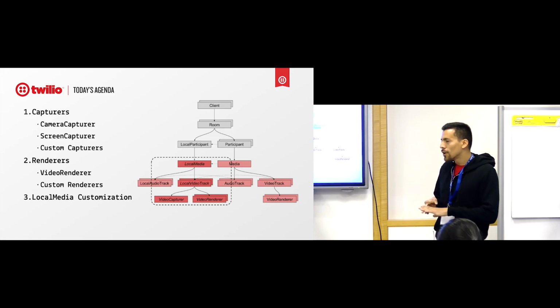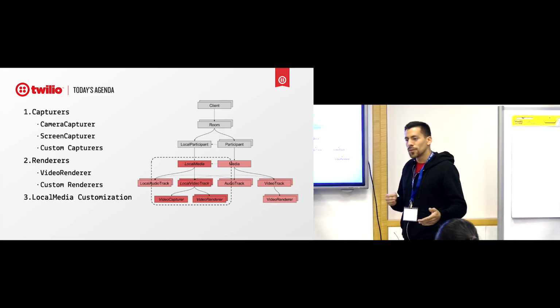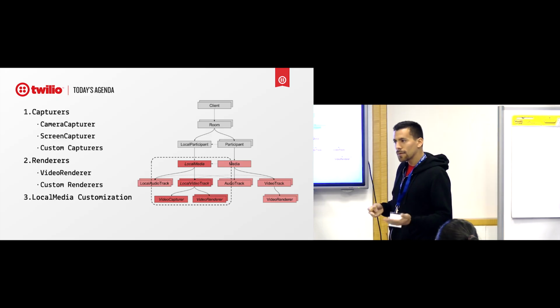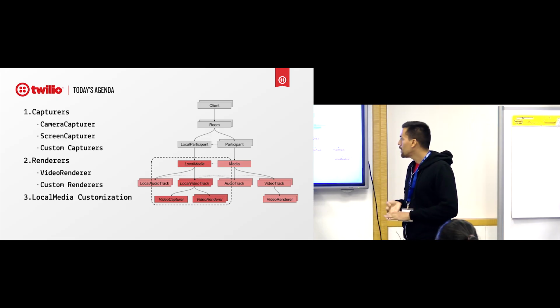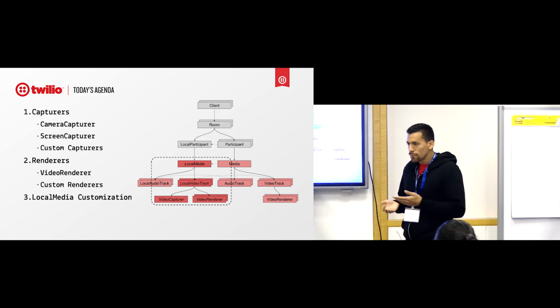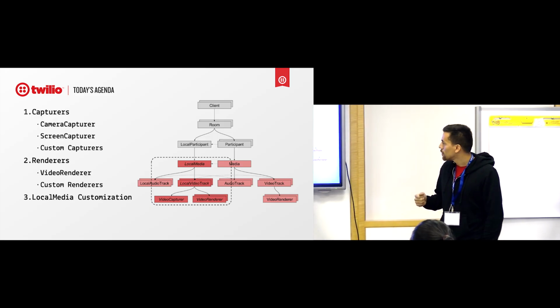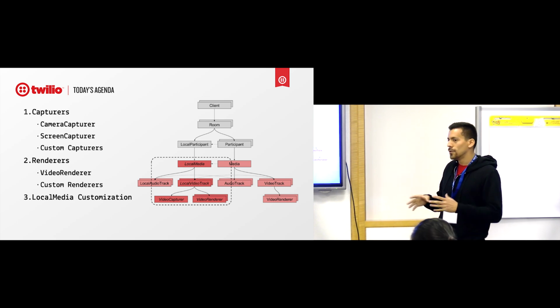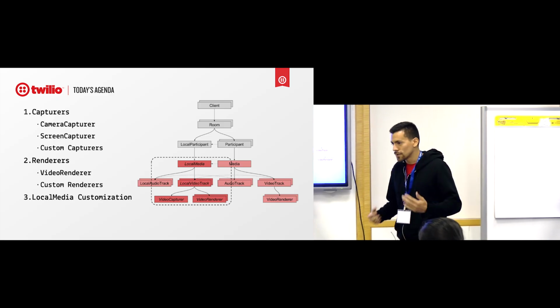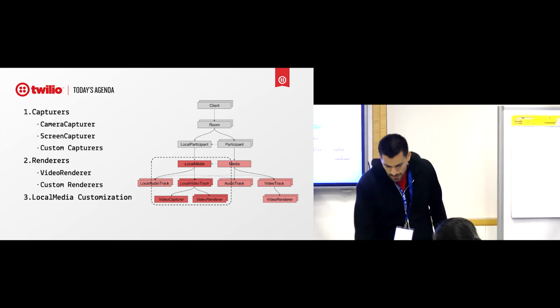And then I'll go into what would be required to build your own custom capture using our API. And then I'll walk through renderers and talk about the standard sort of video view render that we provide, and also do an example of a custom render there. And then I'll wrap up and talk about how you can leverage local media in a number of different ways to also create some interesting experiences.